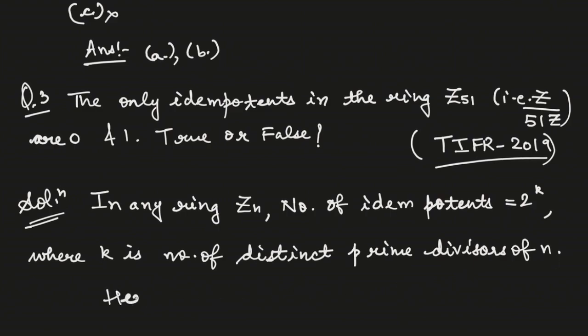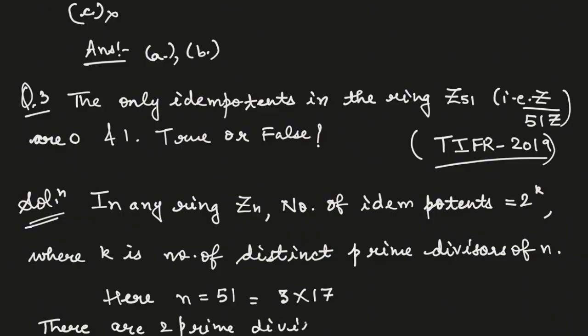Now here n is 51. 51 is 3 into 17. So there are two prime divisors of 51. That is, k is 2.